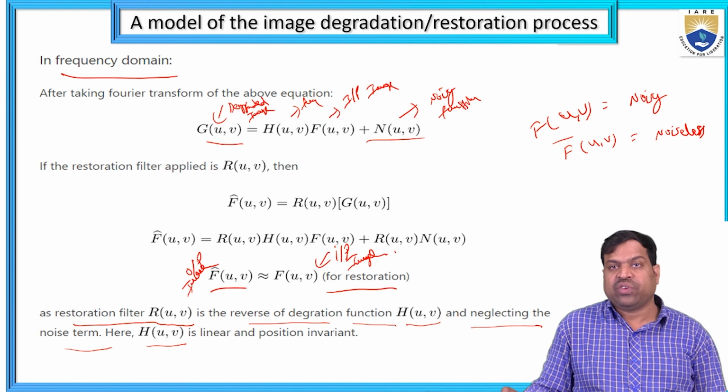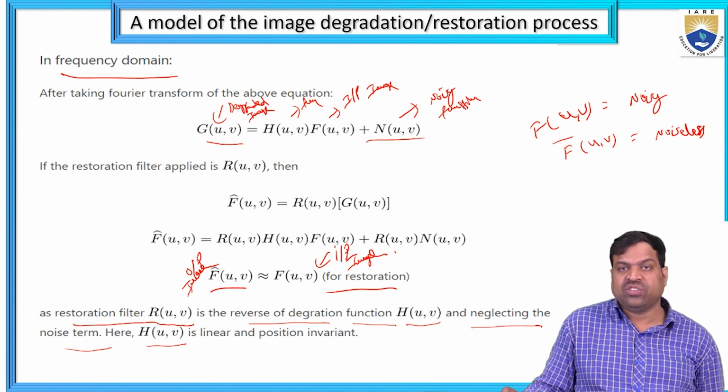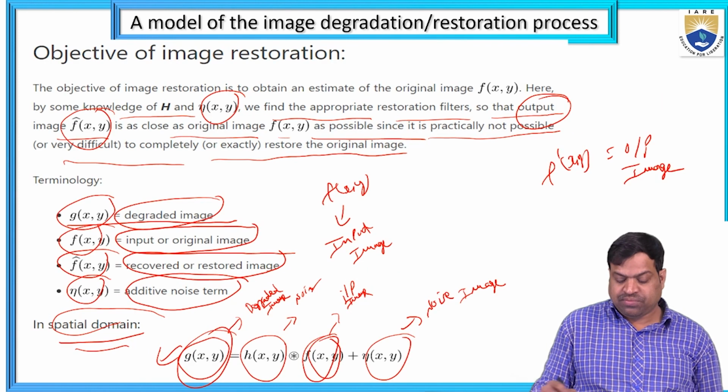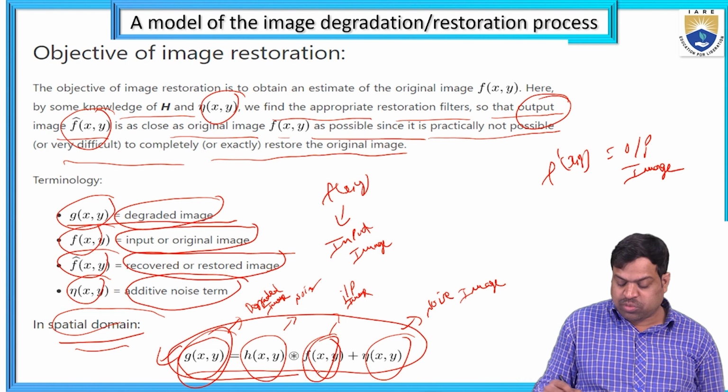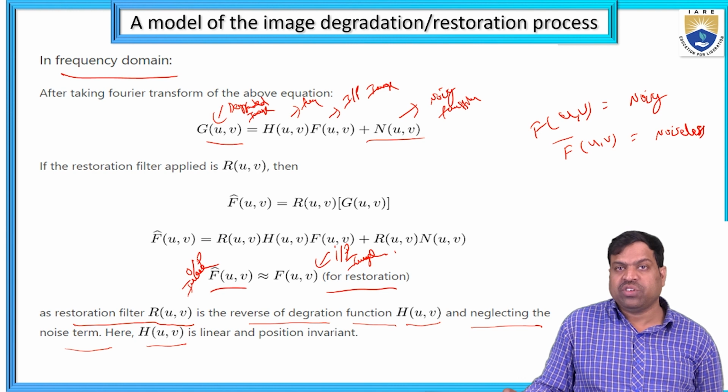In the frequency domain, or frequency filtering, we use the Fourier transformation. We apply the Fourier transform to the spatial domain function to get the frequency domain.